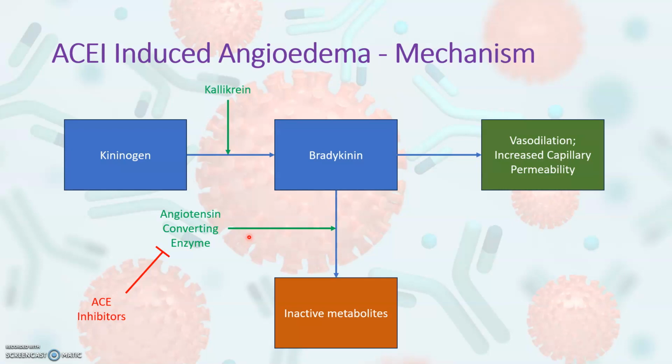So, in the normal inflammatory process, large molecular weight kininogen is broken down into bradykinin through the enzyme kallikrein. Bradykinin is one of the more important inflammatory mediators, producing vasodilation and increased capillary permeability.